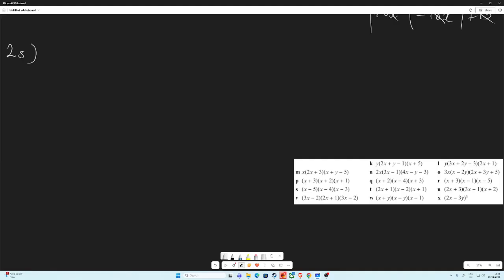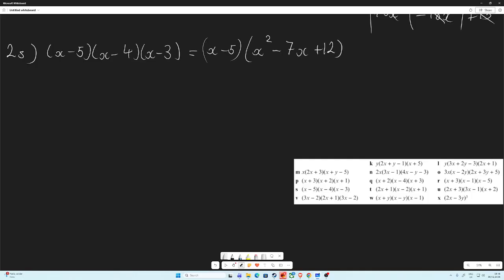Okay, so x minus 5, x minus 4, x minus 3. So that's x minus 5 times x squared. Let's do it slightly faster. It's going to be minus 3x and minus 4, so that's minus 7x plus 12. So now x squared minus 7x plus 12, x minus 5.